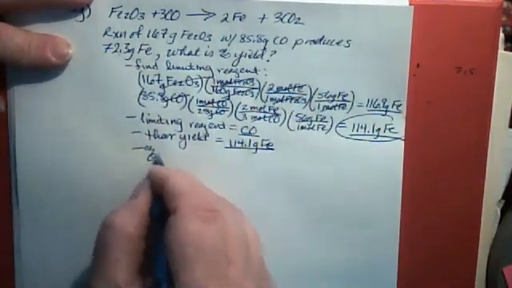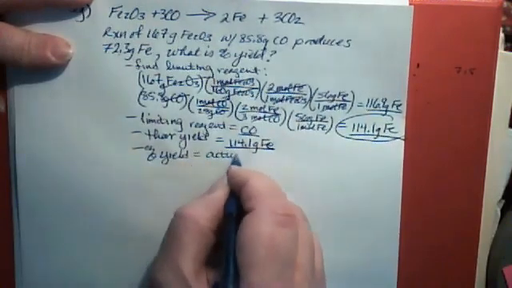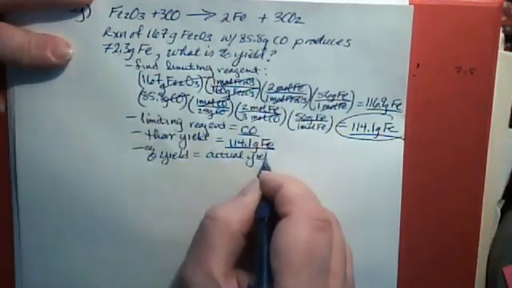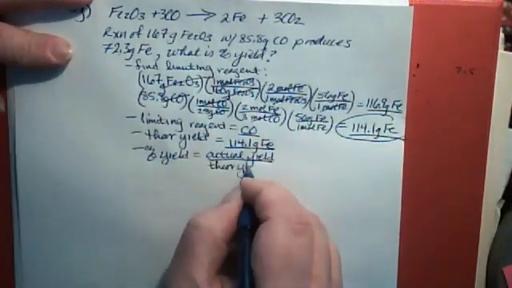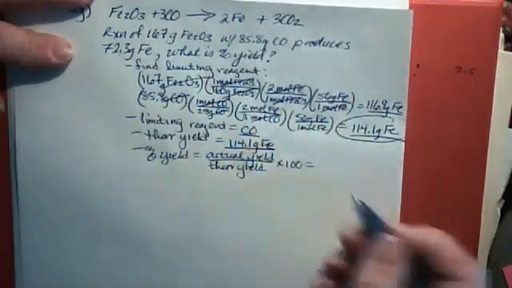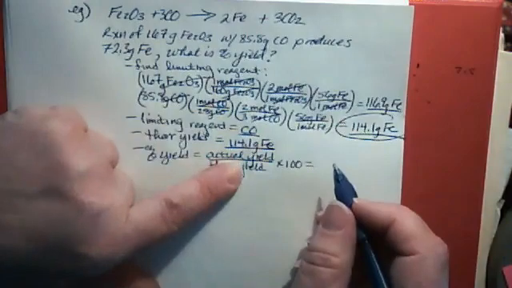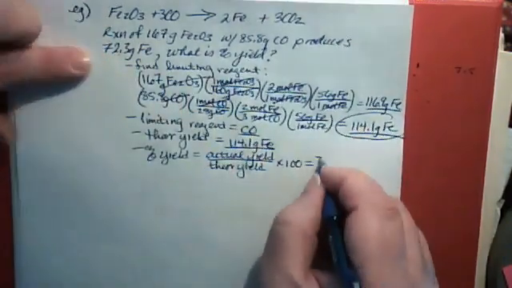Okay, and the percent yield would be the actual yield over the theoretical yield times 100. Again, the actual yield is the one that you're told in the problem, which is 72.3 here.